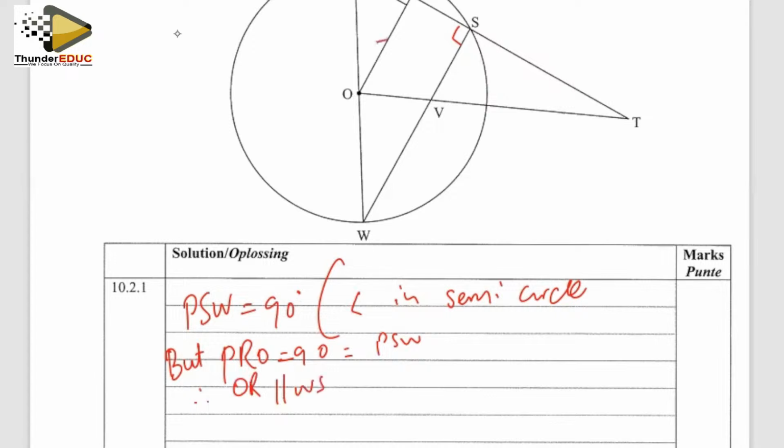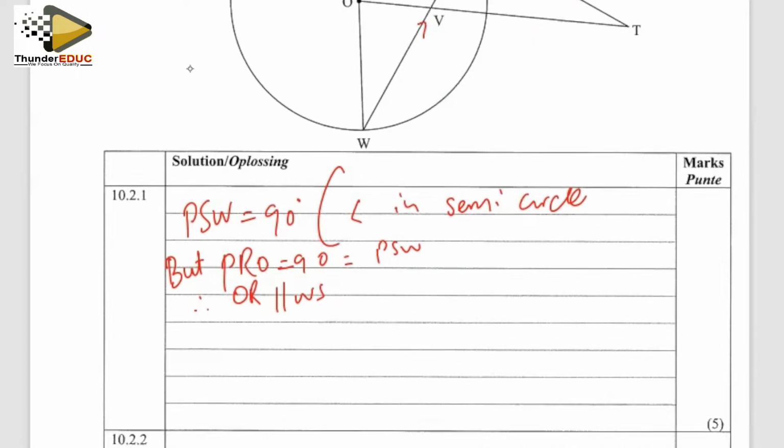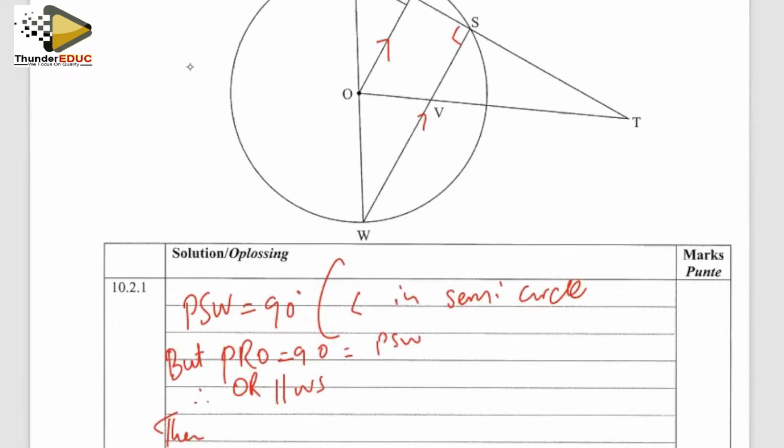Now, if these lines are parallel, there's something extra we need to also add. Then we can see that O is the midpoint of PW, since O is the center of the circle.